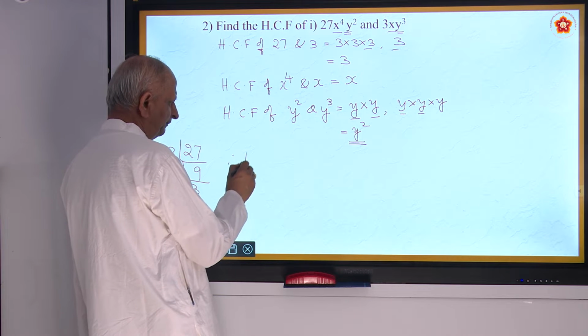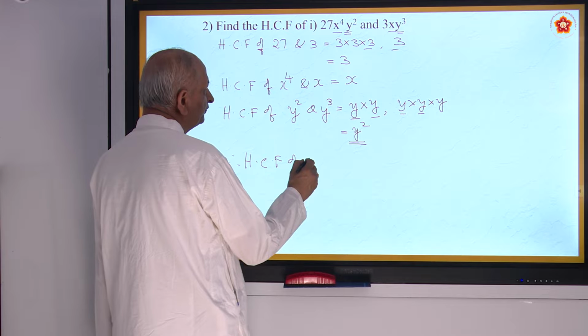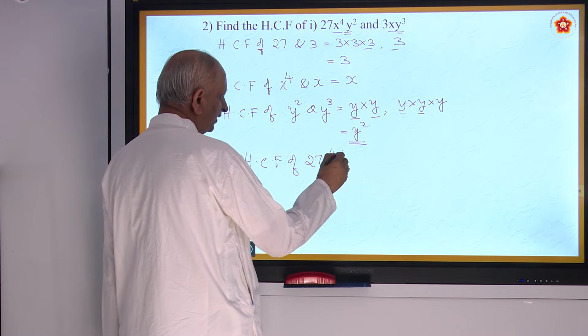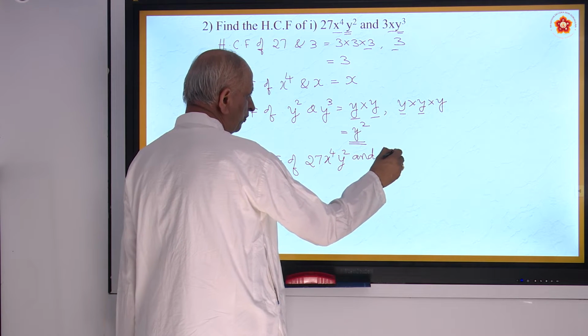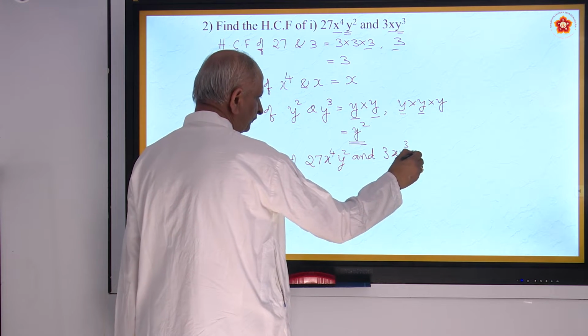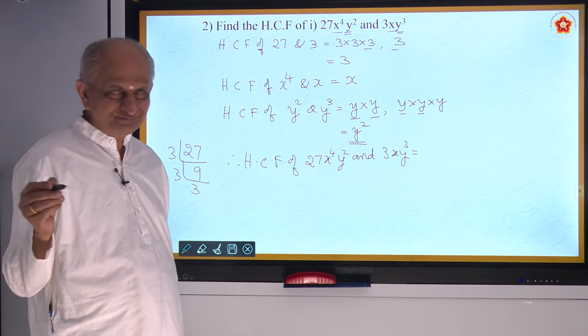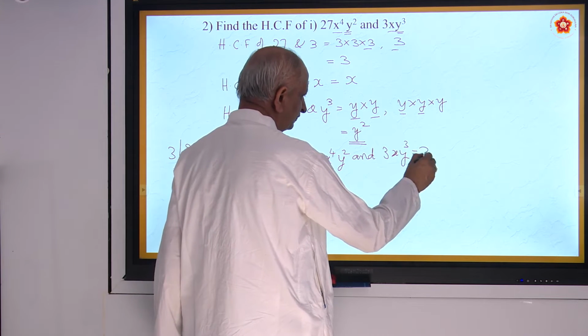Now combine all this. Therefore, last step, HCF of 27x to the power of 4 y squared and 3xy cubed. Everything you can do orally, because the common factor for 27 and 3 is 3 only.